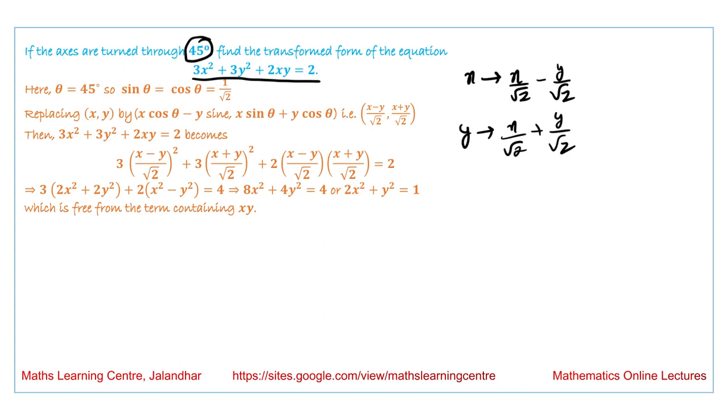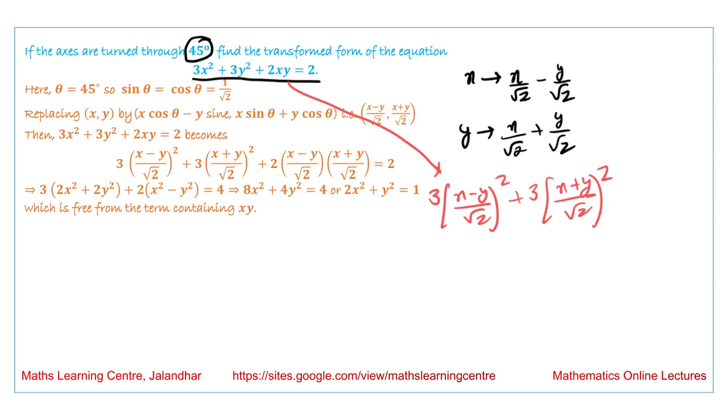Using this transformation, the given equation becomes 3 into (x minus y by root 2) square plus 3 into (x plus y by root 2) square plus 2 into (x minus y by root 2) into (x plus y by root 2), that is equal to 2.